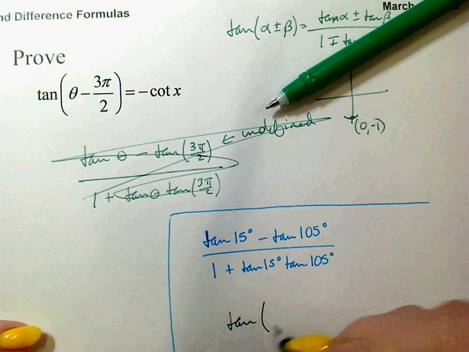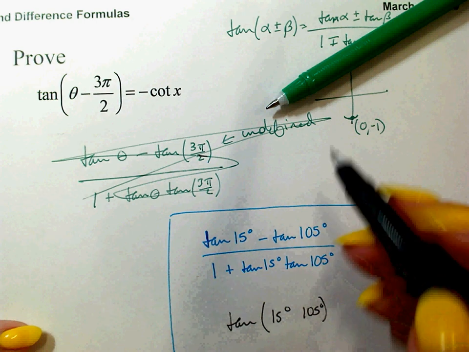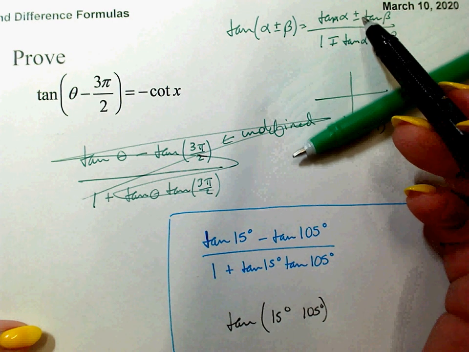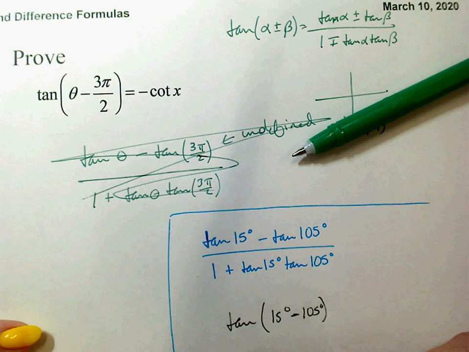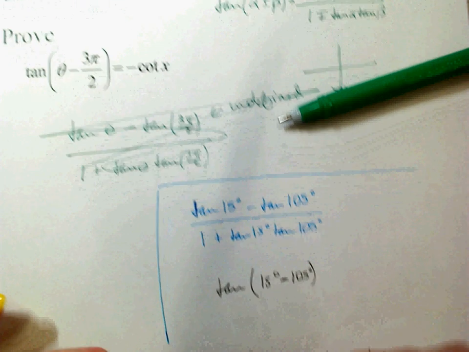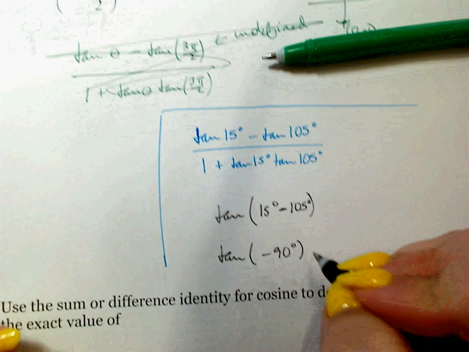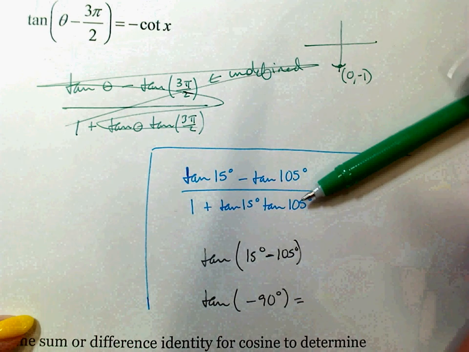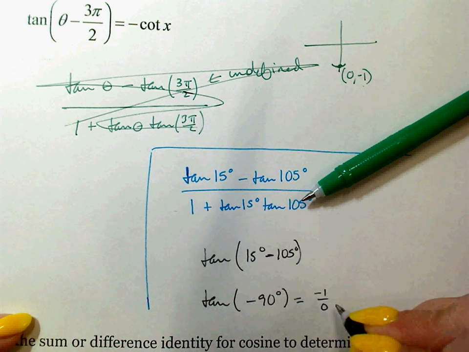And in the tangent formula, whatever the sign of the top is, that's the same thing as the interior. So that's going to be minus, so 15 minus 105. So tangent of negative 90 degrees. If you can figure it out, I do want you to do that. So negative 90 degrees is again 3 pi over 2, and we just discussed the tangent of that would be negative 1 divided by 0, which would mean that the answer is undefined.